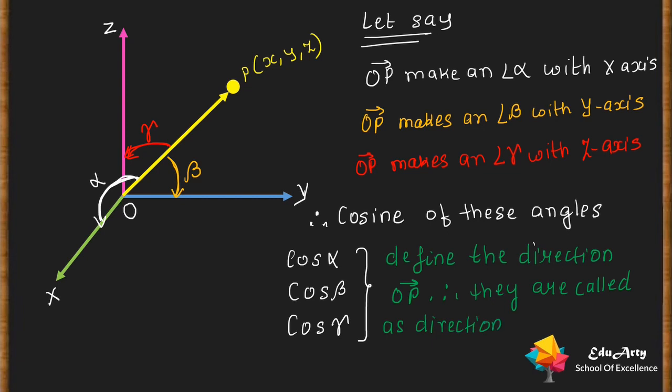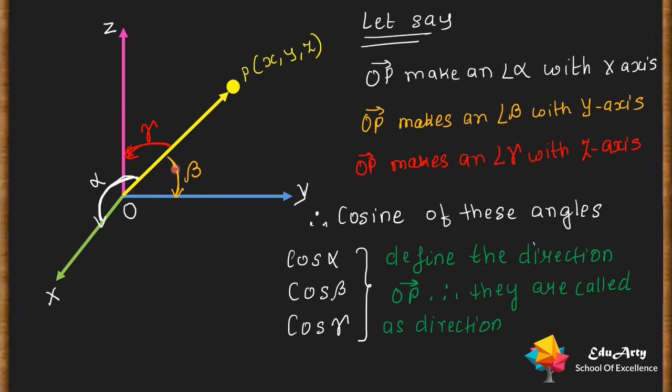First of all, there is one point in space. When it comes to 3D, we are not aware of the direction of this particular point. This point can be anywhere. To define the direction of the OP vector, we have to know what angle this vector makes with each axis.